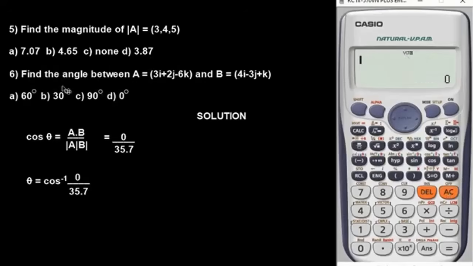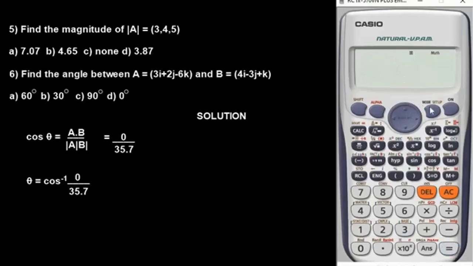So the question says find the angle between A equals this value and B equals this value. So what we're going to do now will be to store these values as vector A and these values as vector B. So let's begin. We're going to clear the calculator because we're going to store new values. So we press shift button 9, 3, equal, equal.